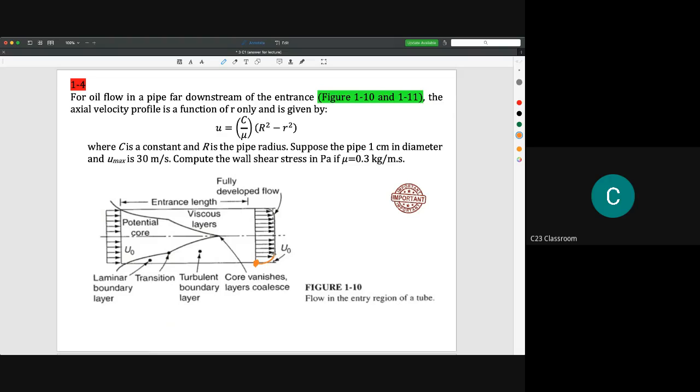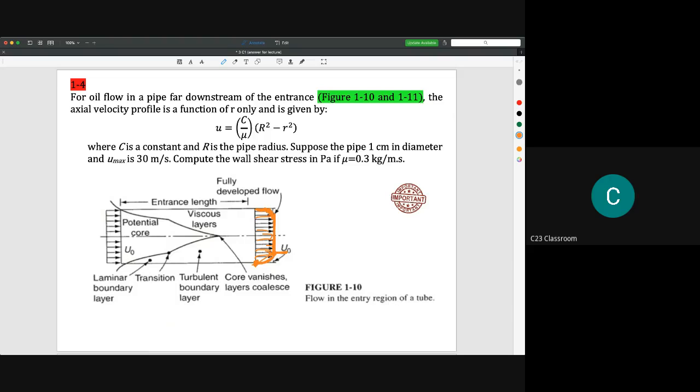After a certain distance, it will reach its steady state condition, meaning the velocity does not increase anymore and it flows at the same velocity. That's why it is drawn like this. The velocity gradient extends until this level, and at this level the velocity becomes constant. So this is the idea.